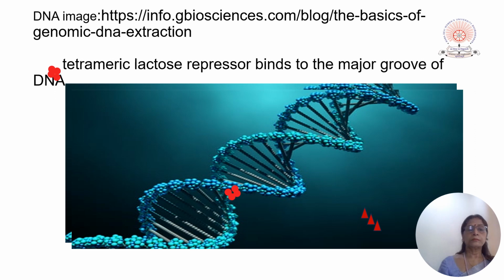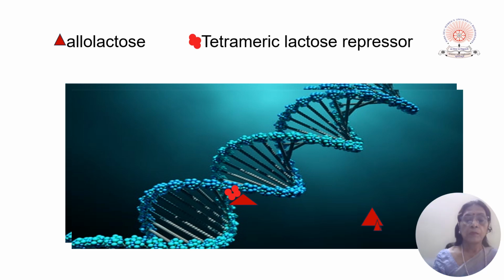This diagram shows the binding of the tetrameric lac repressor to the major groove of DNA. Lac repressor binds to the major groove of DNA and the inducer allolactose binds to the lac repressor.